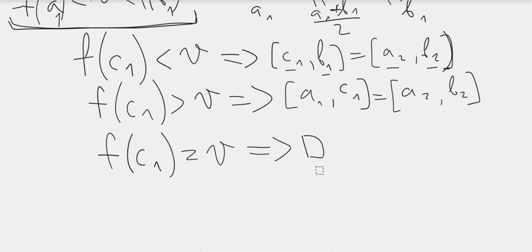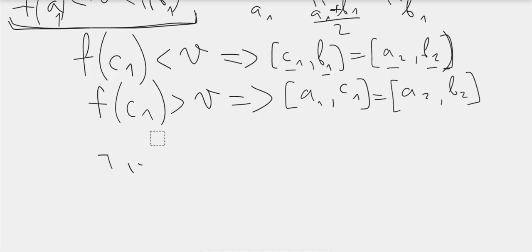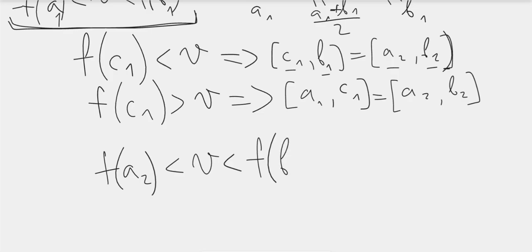So with this choice, we guarantee that v is between f of a2 and f of b2.